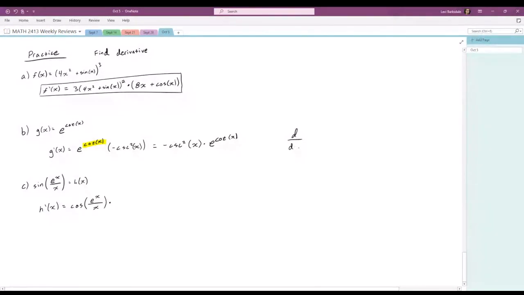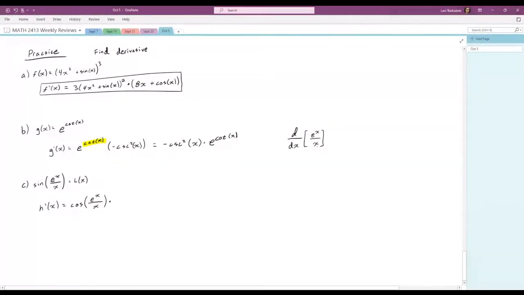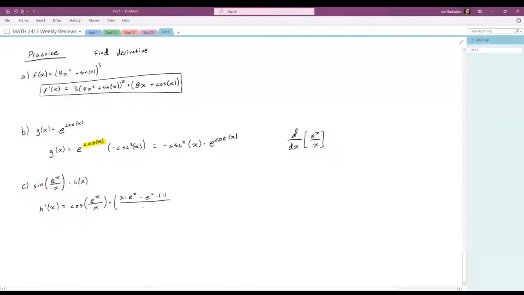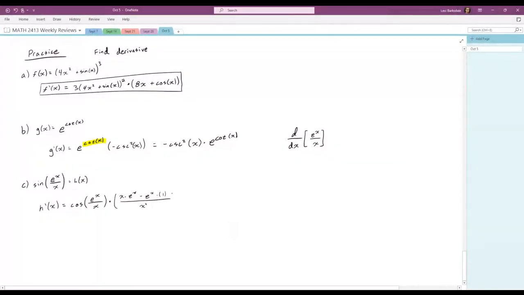Well, the derivative of e to the x over x, we need to use the quotient rule for, because we have a quotient. So that derivative would be our low function multiplied by the derivative of our top function minus our top function multiplied by the derivative of our bottom function all over our bottom function squared.